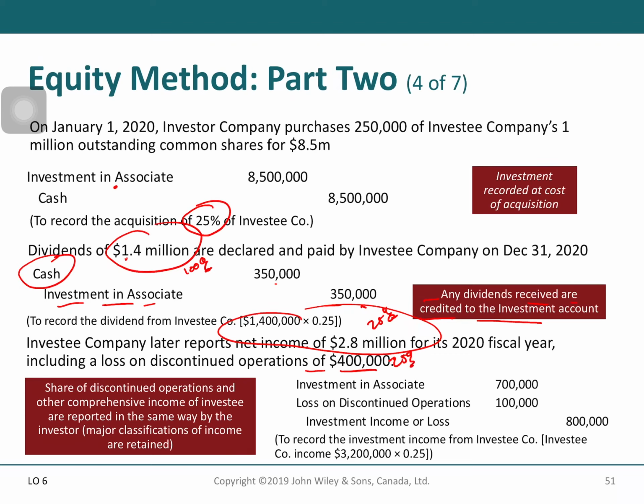Okay, so 25% of 2.8 million, how much? 700,000. So investment in associate 700,000. Okay, 700,000, and then 25% of 400,000 is 100,000. You will record loss on discontinued operations. Okay, and then you will record investment income or loss 800,000.